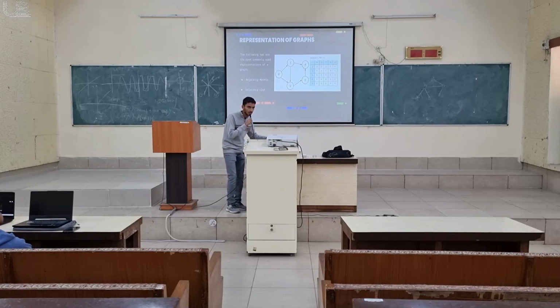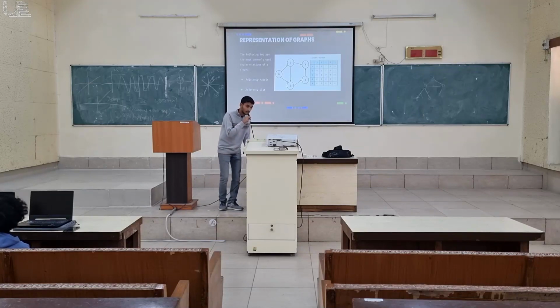Creating 2D arrays or 2D vectors, you can do it through them. But it is useful, not economical. Can you think? Yes, the memory. The reason is that if we have a large number of nodes, the space complexity will increase and you won't have the memory to store that matrix.